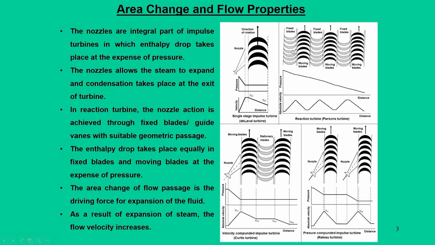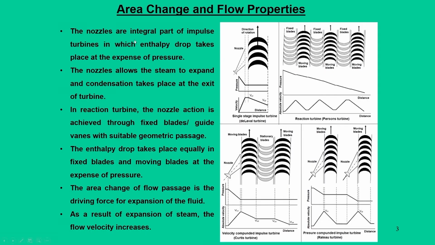It is nothing but the flow has to expand, at the same time the velocity must increase and pressure must drop. This is what we call nozzle action, and this can be achieved with suitable change in the area of the passage. Either you can have a separate arrangement, which we call a nozzle, or we can perform the same nozzle action by designing the flow passage. In any case, area change is the driving factor.